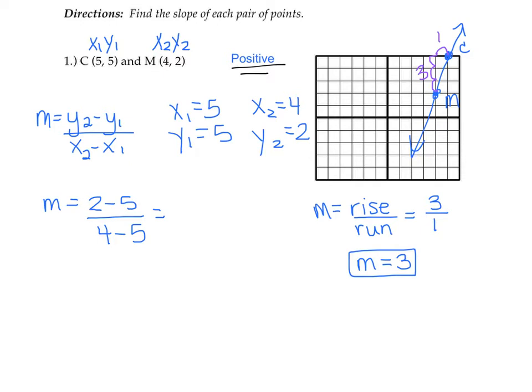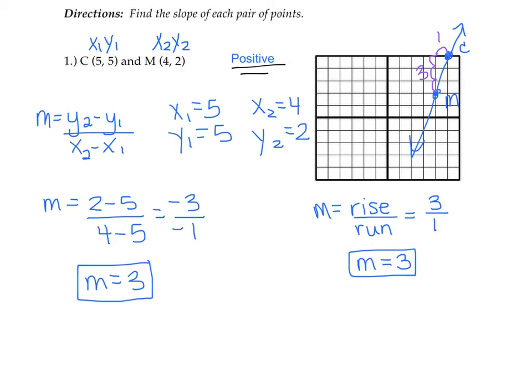So 2 minus 5 is negative 3, and 4 minus 5 is negative 1. A negative 3 divided by a negative 1, you always want to simplify, gives us M equals a positive 3. Notice we have the same answer with our formula as with our graph.